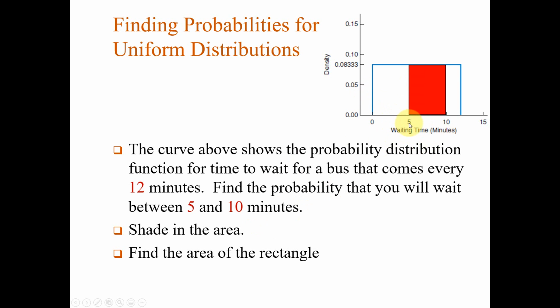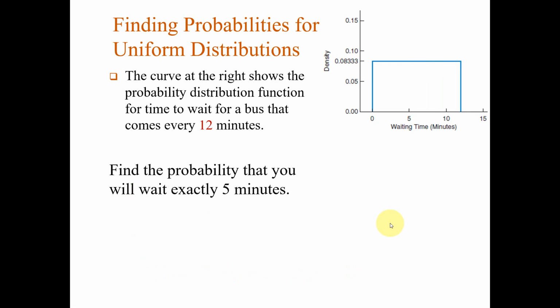So 10 minus 5 is 5, times this probability right here. That's the height. So it's 5 times this number, and that just says it right here. So it's 0.41655. That's the probability that you wait between 5 and 10 minutes at the bus stop.